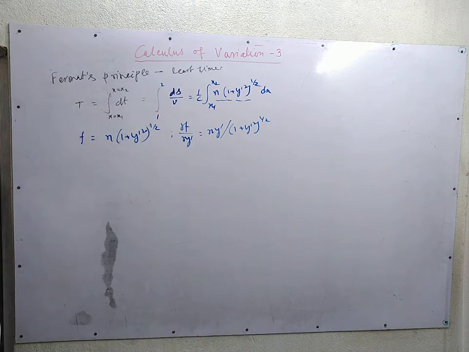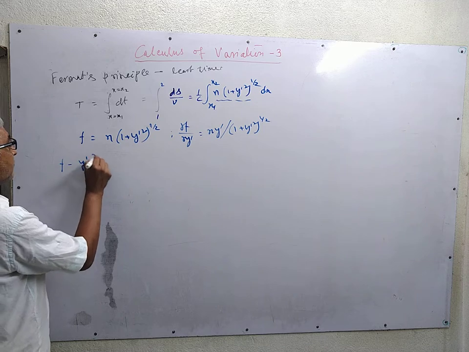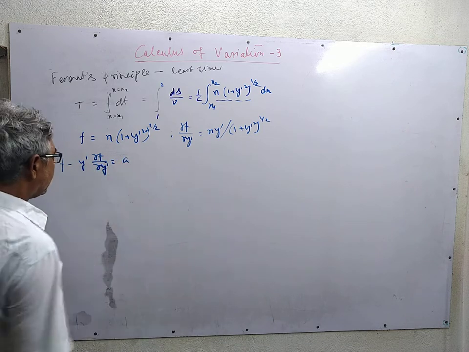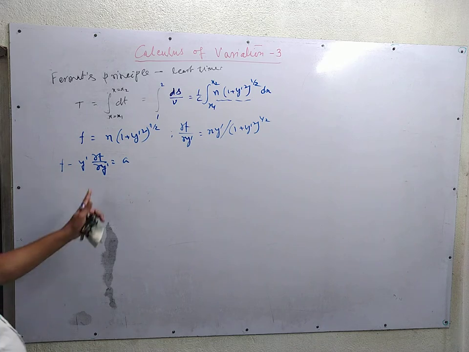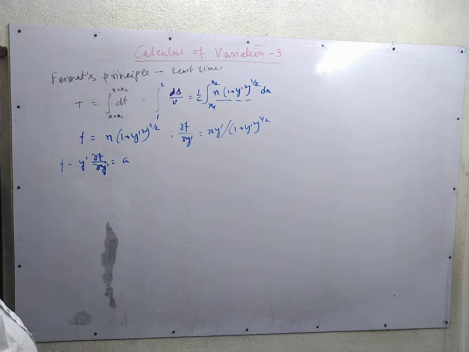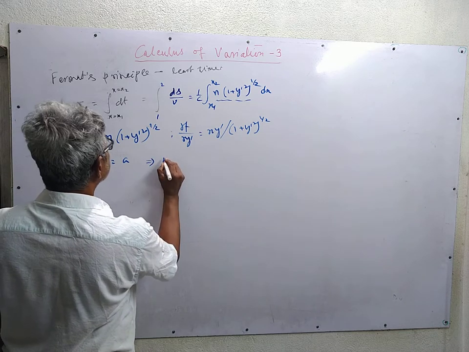The second Euler-Lagrange equation says f minus y prime del f by del y prime is equal to a constant. Here we call the constant a, in order to avoid confusion with c, which we have already used.